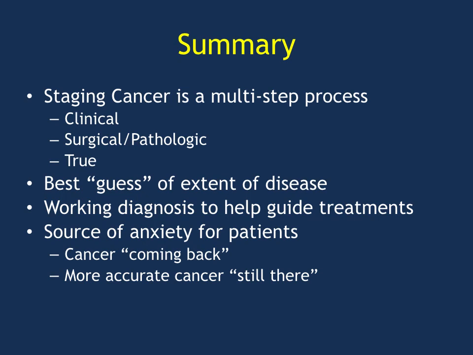So in summary, I want you to recognize that staging cancer can be a multi-step process. We start with the clinical. It is a working diagnosis. It's not perfect. It's the least accurate, but it often provides us enough information to take steps with regard to treatment. Then, if surgery is necessary, as for a lot of solid organ tumors, surgery can provide additional information to give us a better idea of where this cancer is going and how far it has spread.